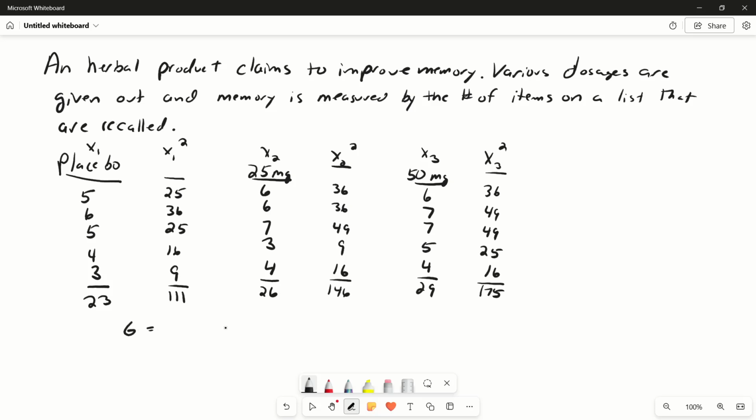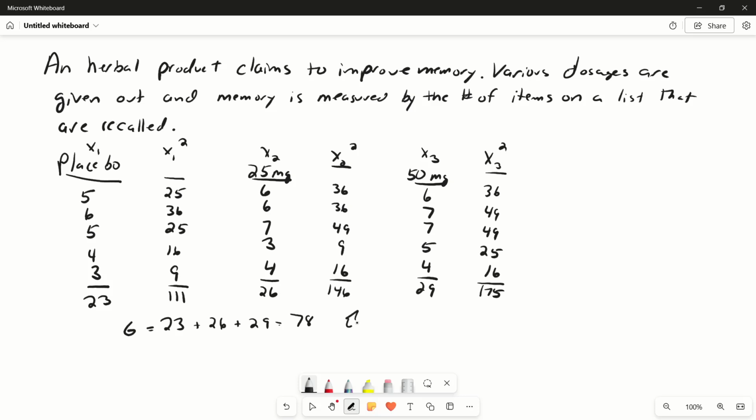So the grand total is just the sum of the 3 non-squared columns. So it's going to be 23 plus 26 plus 29. That's going to give me 78. So that's the grand total, not the grand mean, obviously.